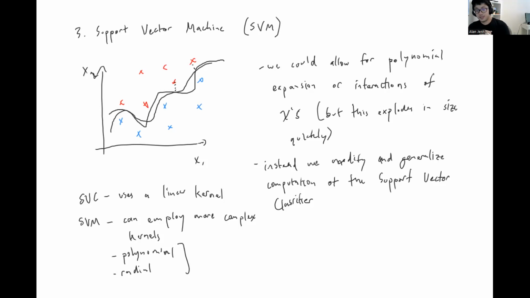I'm not going to get into the math behind these, but we will show the capabilities of applying an SVM to some real world data.